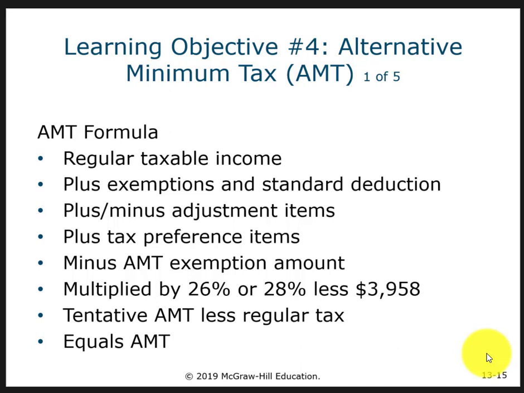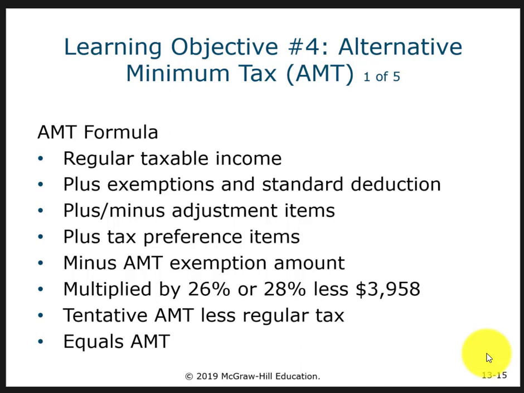These are deductions that are different under the regular tax system than they are under the alternative minimum tax system. So we have to look at the differences. And those go on this Form 6251 that we'll look at at the end, to calculate what your taxable income is under AMT.